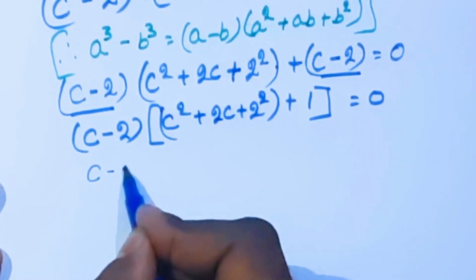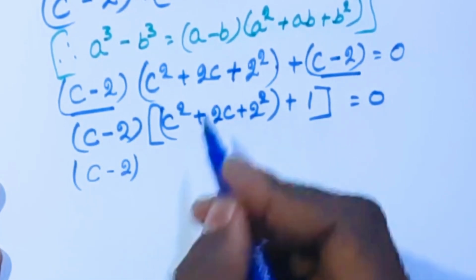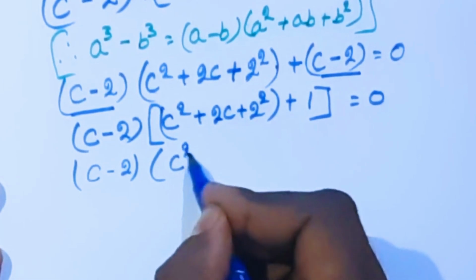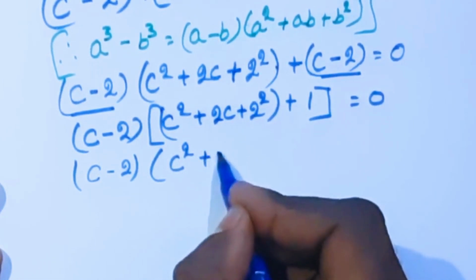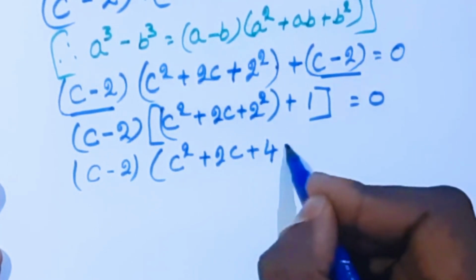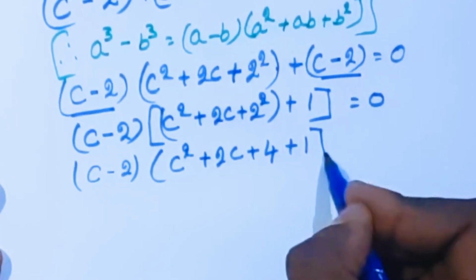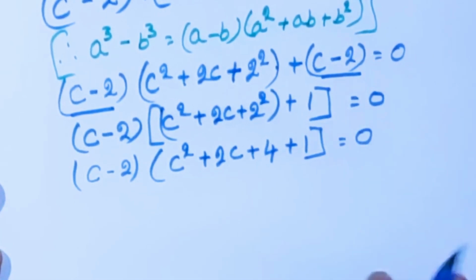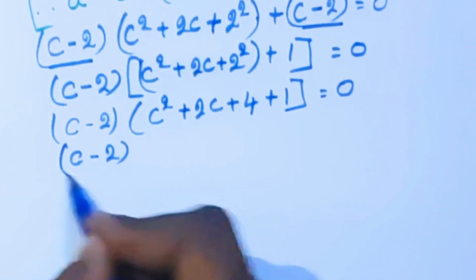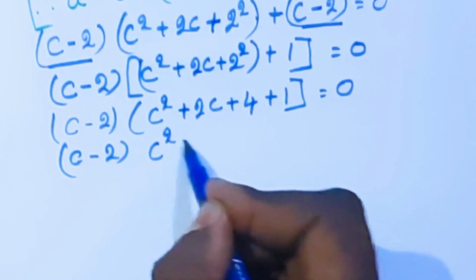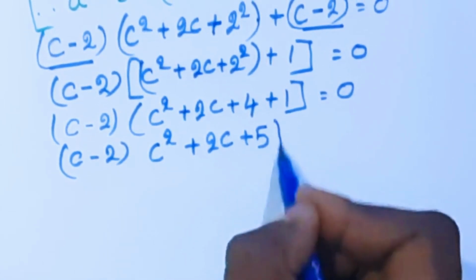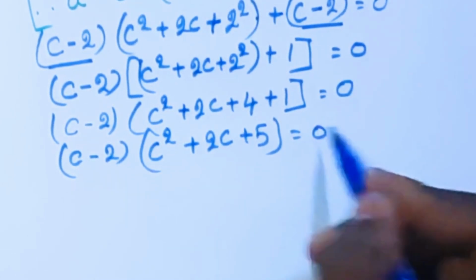Now c minus 2, this can be written as c square plus 2c plus 2 square is 4 plus this 1 equal to 0. Now c minus 2 (c square plus 2c plus 5) equal to 0.